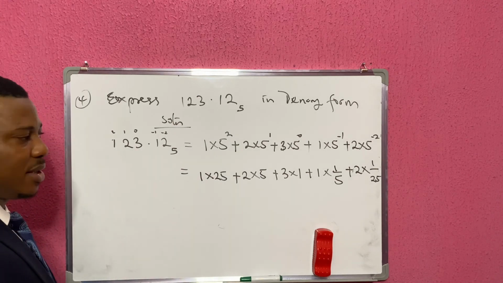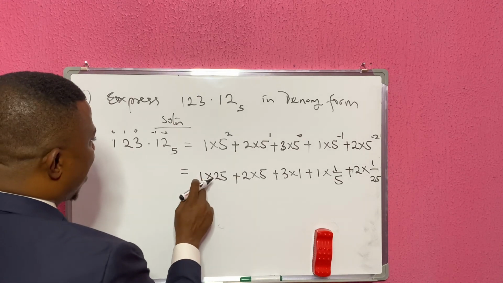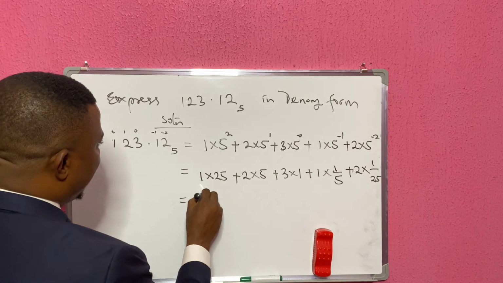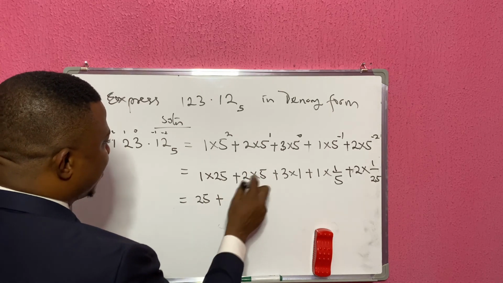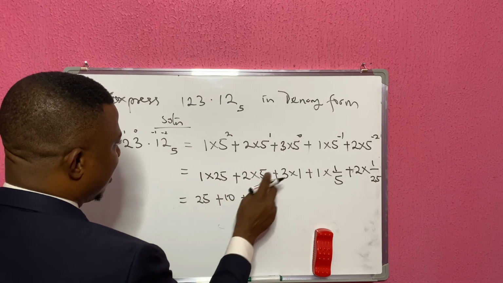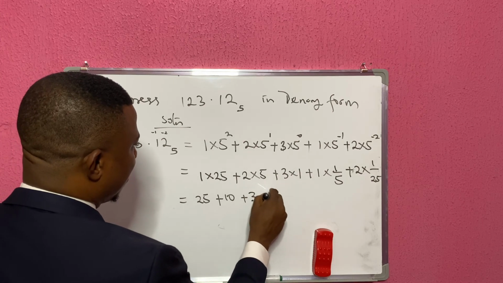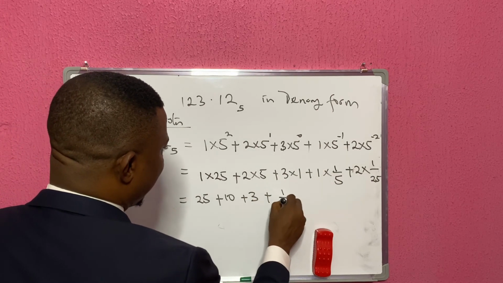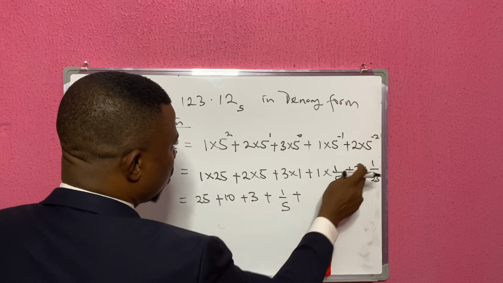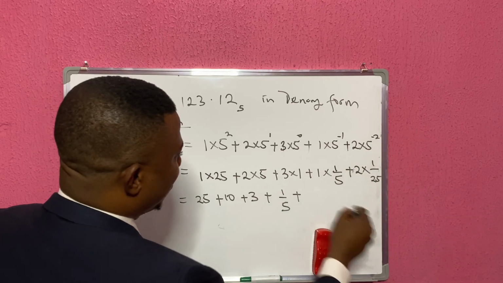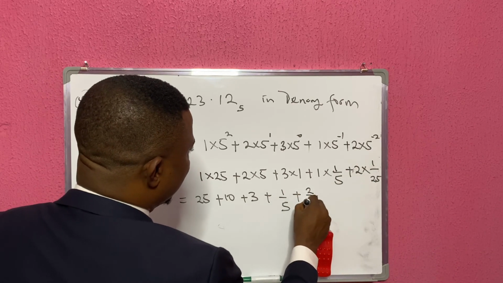As you can see, you have 1 times 25 is 25, 2 times 5 is 10, 3 times 1 is 3, 1 times 1 over 5 is 1 over 5, 2 times 1 over 25 is 2 over 25.